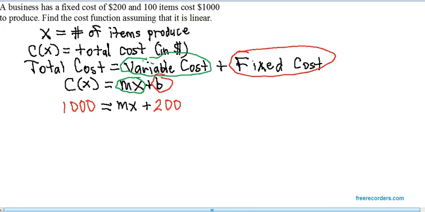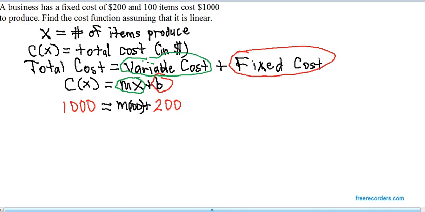What are we calling the number of items produced? We're calling it x. So when x is 100, the total cost is 1,000, and we know the fixed cost is 200. This is going to allow us to figure out what m is.